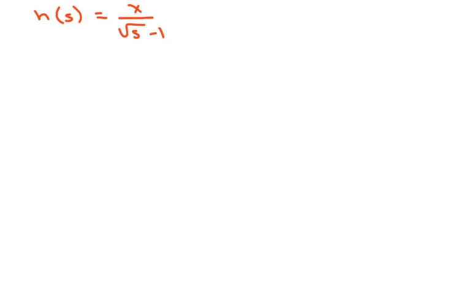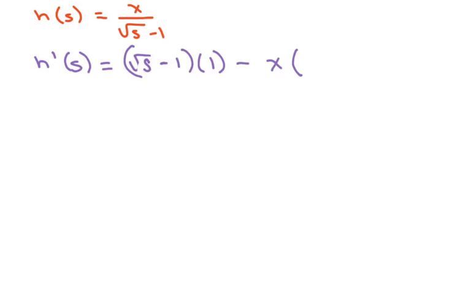Okay, the next one, we take the derivative of this, h. So we're going to write down our denominator, square root of s minus 1. So sorry, that's a s minus 1 times the derivative of the numerator minus your numerator times the derivative of the denominator. And the derivative of the denominator is 1/2 s to negative 1/2.